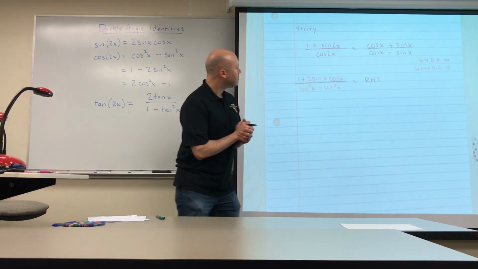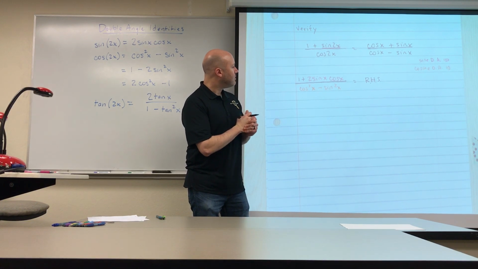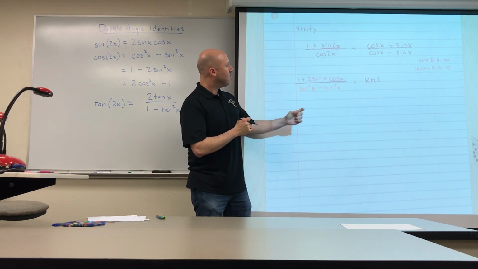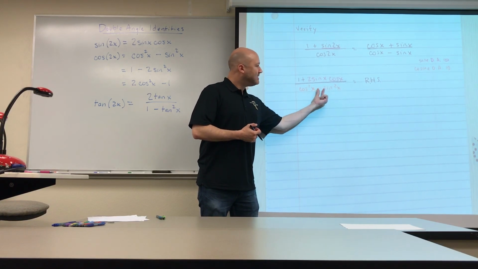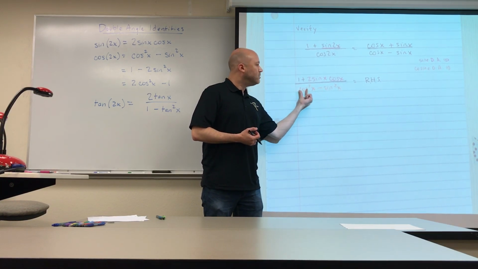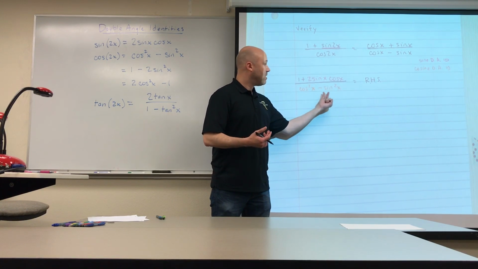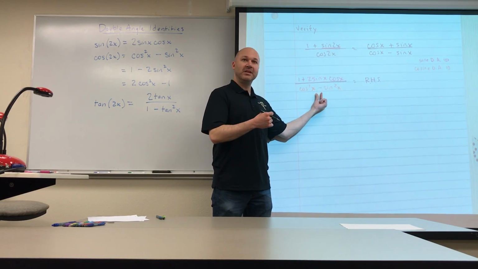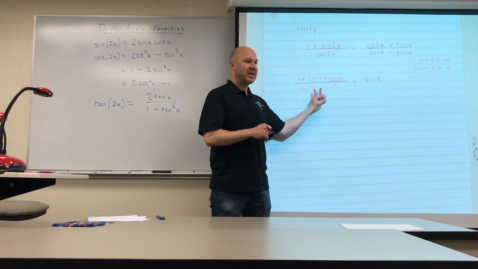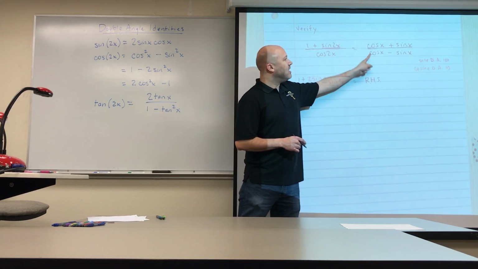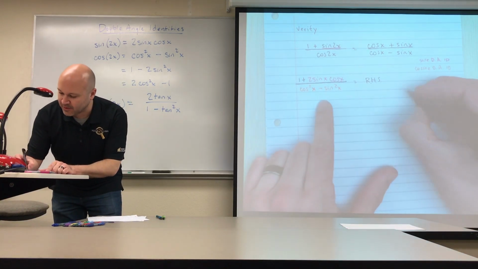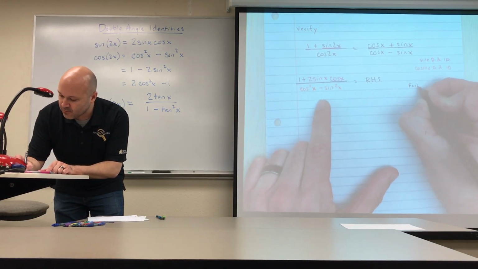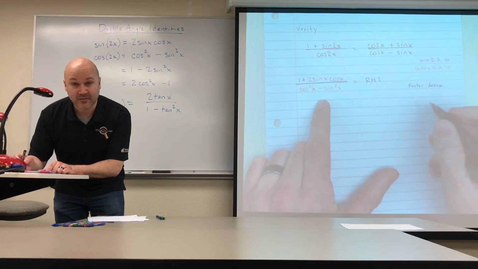Whew. What to do next? When I look at the denominator, I see now a difference of 2 perfect squares. So I want to factor the denominator using the difference of 2 squares, and I'm looking at the factors right there, which is very convenient.